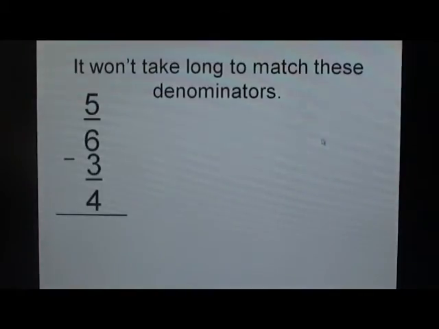Okay, well, if you did the problem, hopefully you wrote it with the 5/6, which in this case is the larger fraction at the top. It also came first in the equation, if you remember. And so we're subtracting this fraction from it. Okay, if you made a list of equivalent fractions, you didn't really have to go very far.